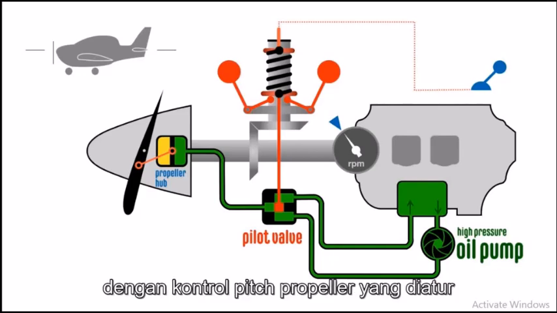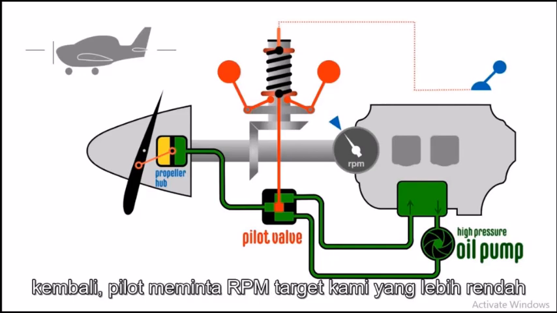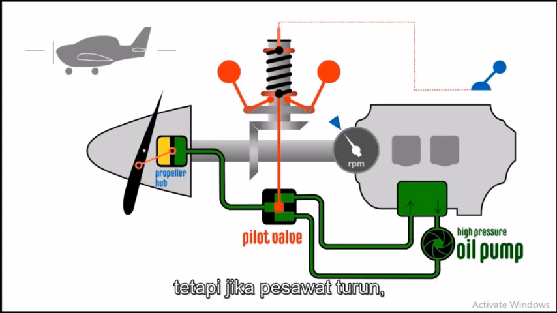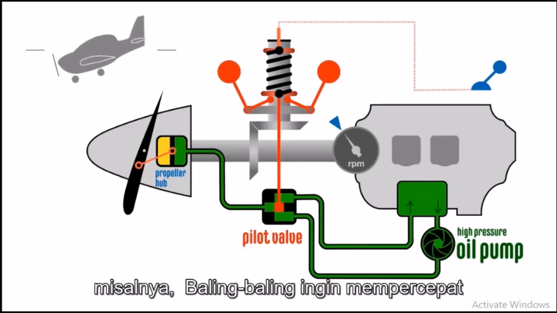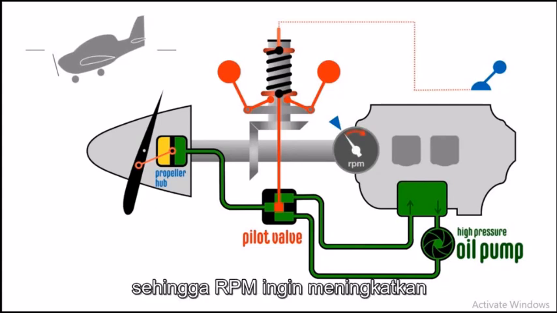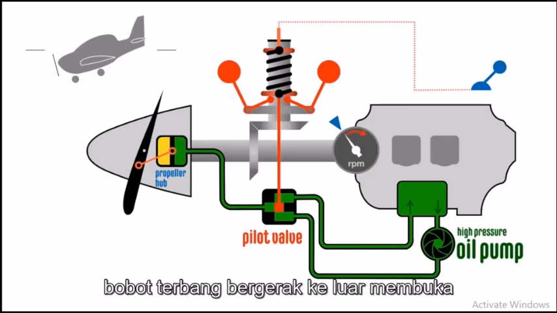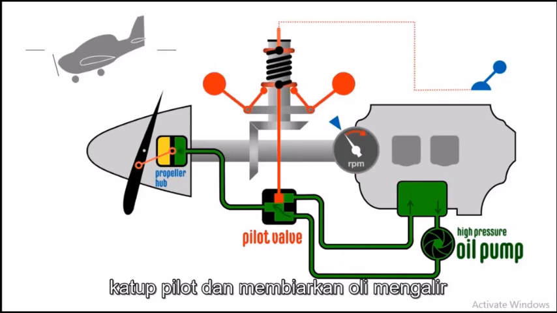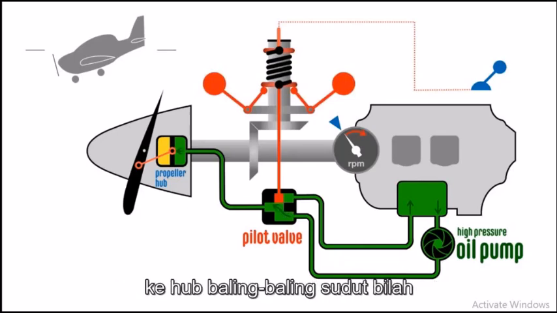With the propeller pitch control set back, the pilot requests a lower target RPM. But if the aeroplane pitches down, for example, the propeller wants to speed up. Thus, the RPM wants to increase. The flyweights move outwards, open up the pilot valve, and allow oil to flow into the propeller hub.